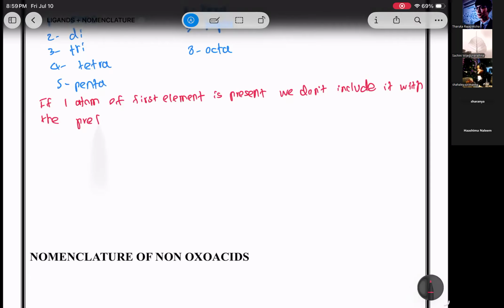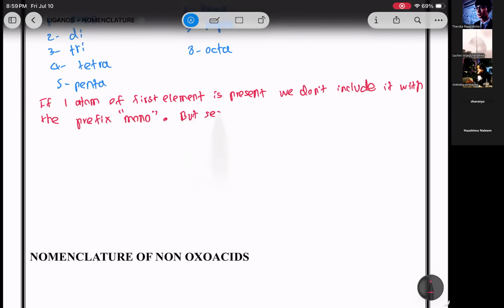We don't write prefix mono if the first atom is 1. For example, sodium chloride, we don't write the word ionic compound. So let's say NO2. We don't write mononitrogen dioxide. We don't write it like that, right? We don't write it with the prefix mono.